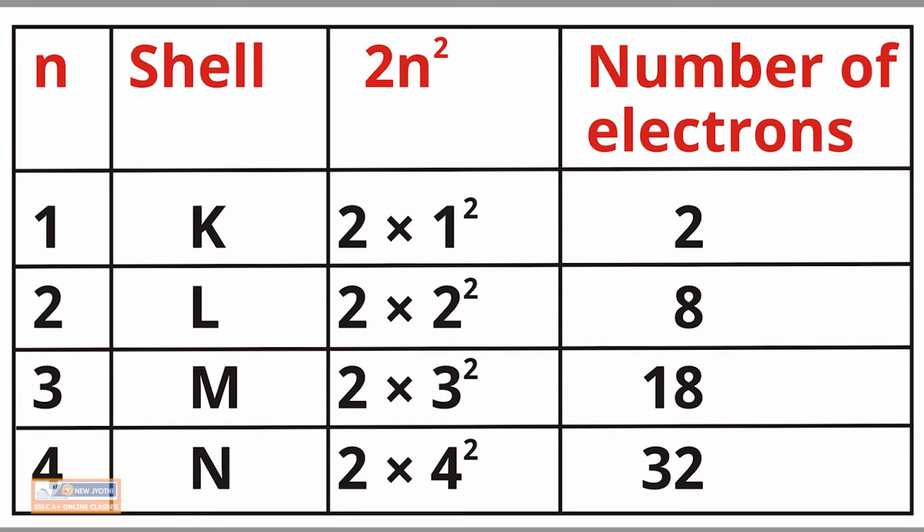The third shell is the M shell, which contains 18 electrons, determined by 2n squared, that is 2 into 3 squared, equal to 18. The fourth shell, that is N shell, can accommodate 2 into 4 squared, that is 32 electrons.